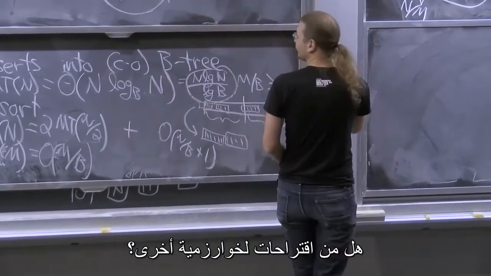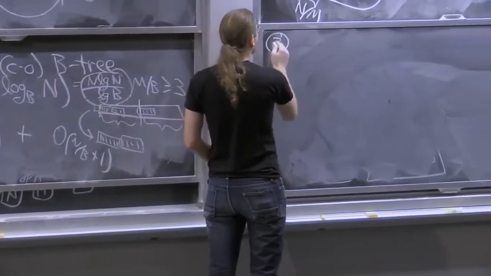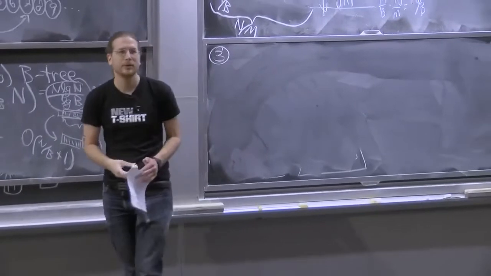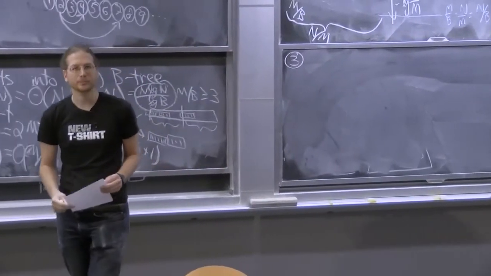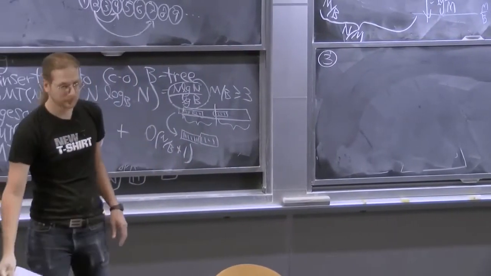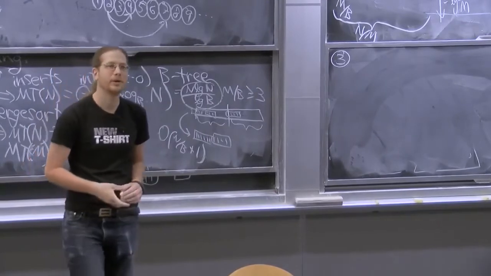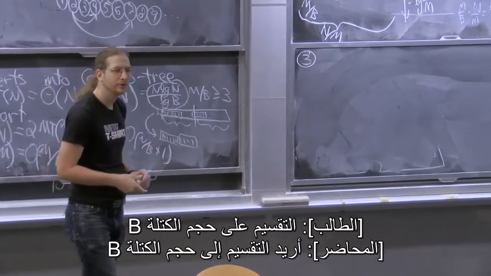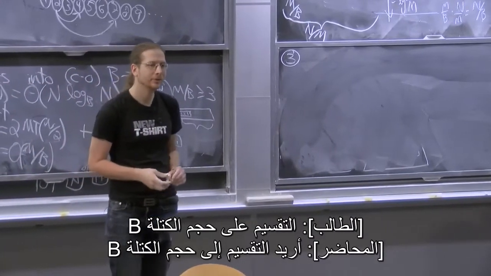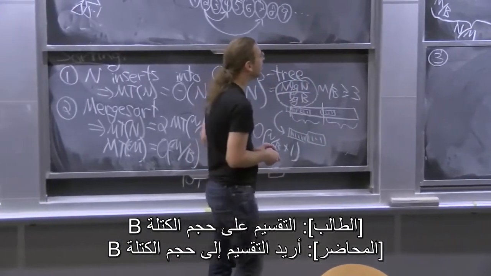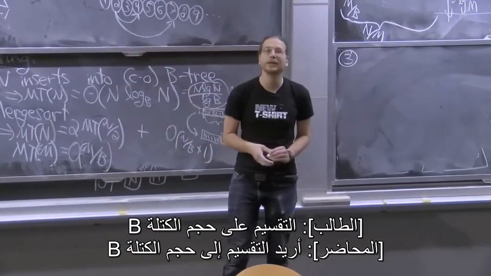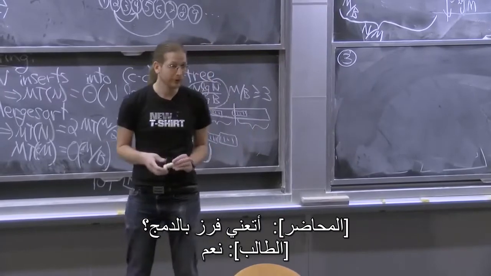Any suggestions for another algorithm? I want to divide into block size b. So you mean merge sort?